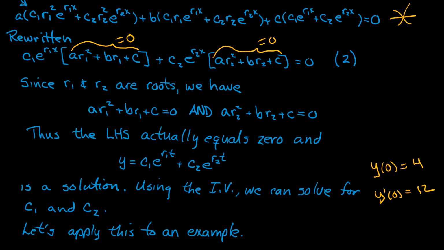It's a starting value. Even if it doesn't start at time 0, it's still referred to as an initial value problem. But oftentimes it'll give you the information at the start because that's what you know is going on. So to solve for C1 and C2, we're going to need these two values here in yellow.